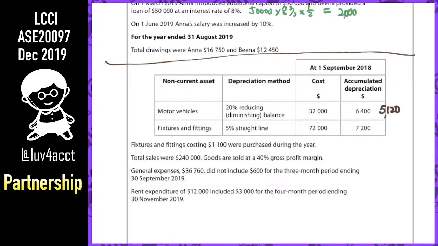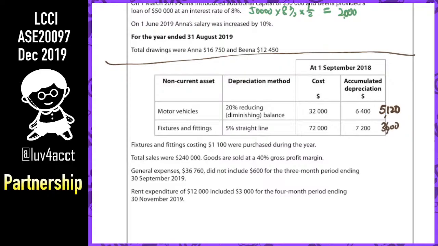5,120, and then 5%. 72,000, 5%, 3,600. So this is the depreciation.